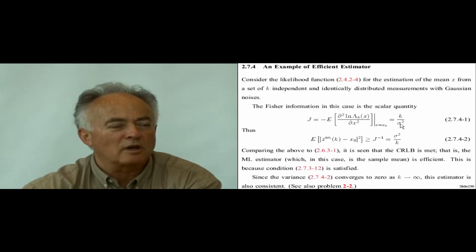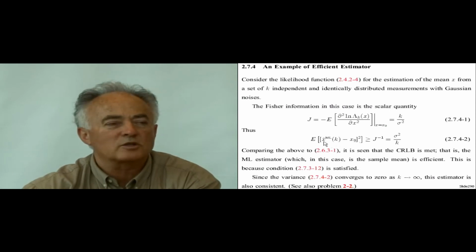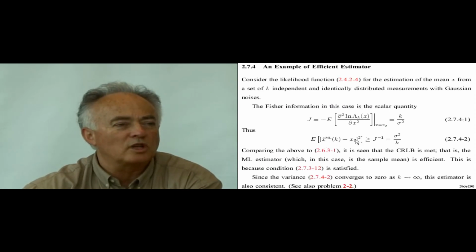Thus, according to the Cramer-Rao lower bound, the mean square or the variance of my estimator is greater or equal to J inverse, which is sigma square over k.